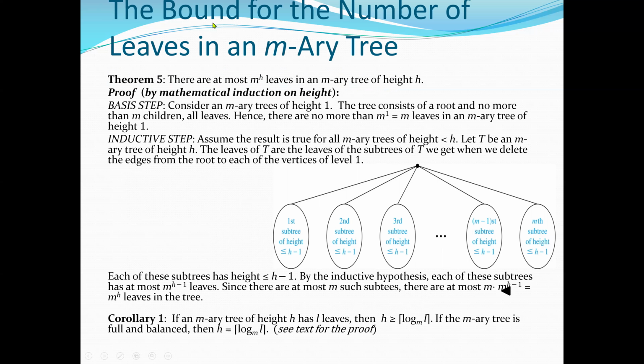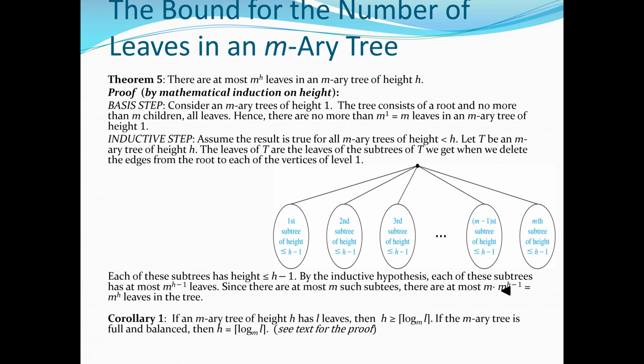So next is the bound for the number of leaves in an m-Ary tree. Here we say there are at most m to the power h leaves in an m-Ary tree of height h.